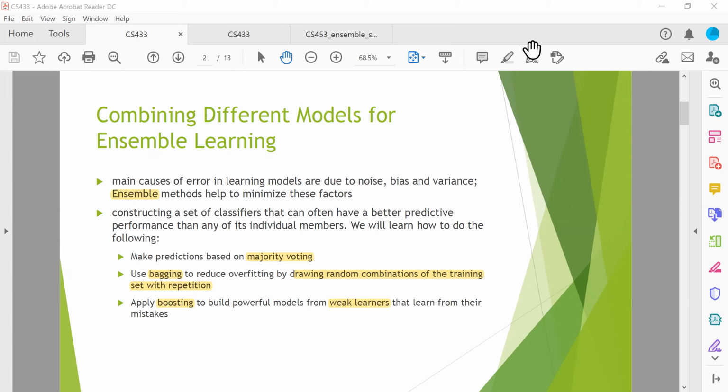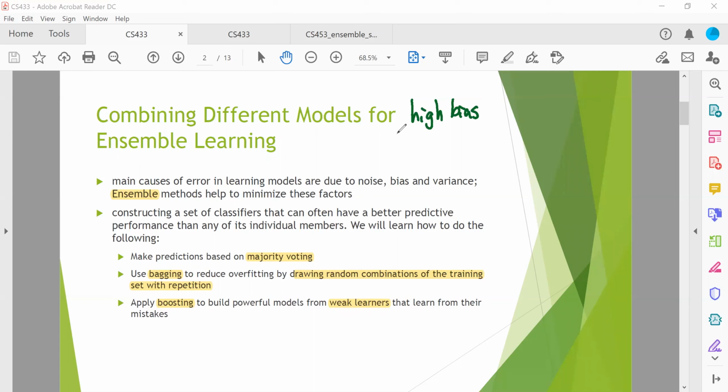Okay, so here again, you remember previously we learned the bias and the variance. If it is a high bias, what kind of problem can it lead to? Who still remembers?